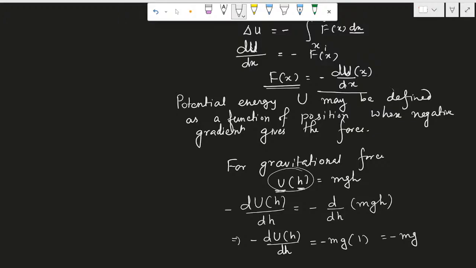A very fundamental question. Why is it minus mg? I need it quickly. Just think and answer, just type it quickly. It's a rapid fire. Why is it negative?